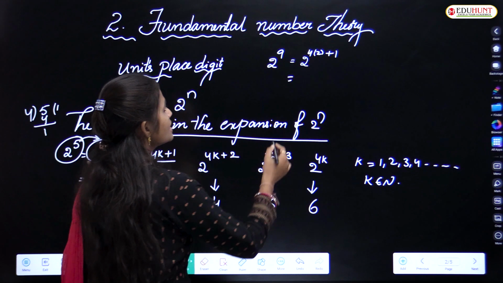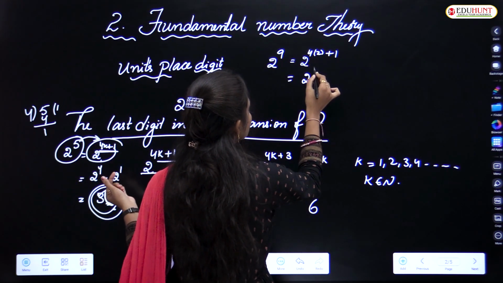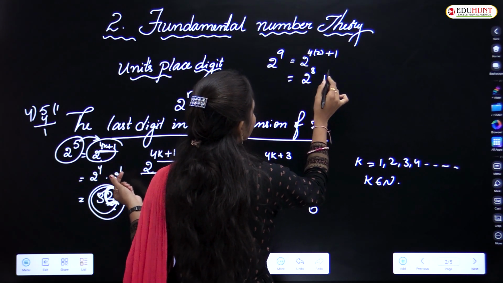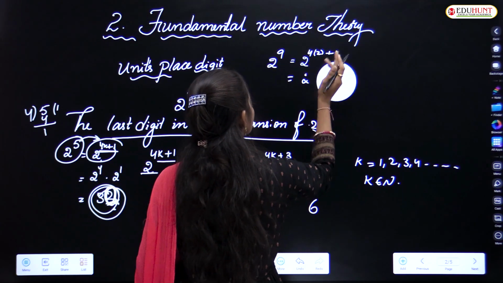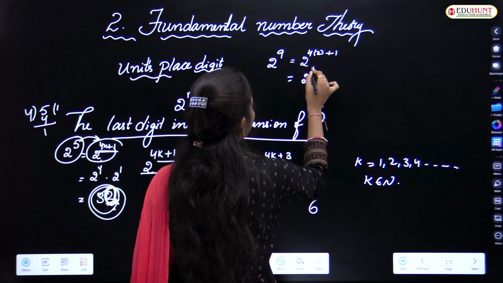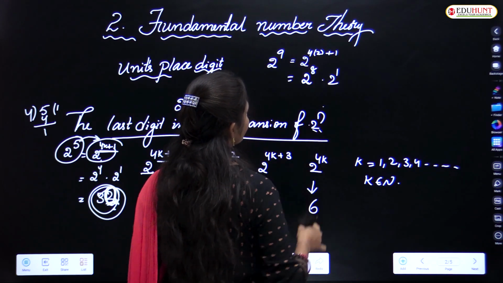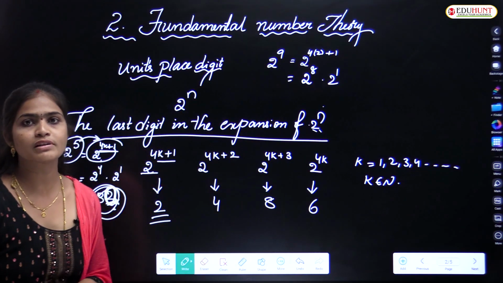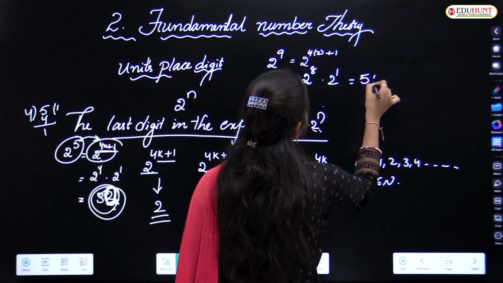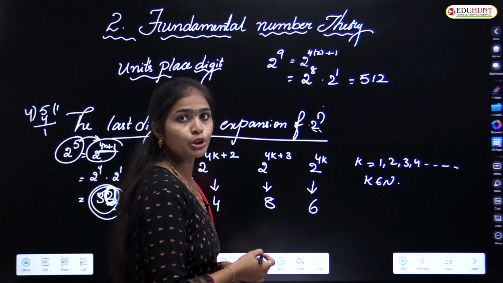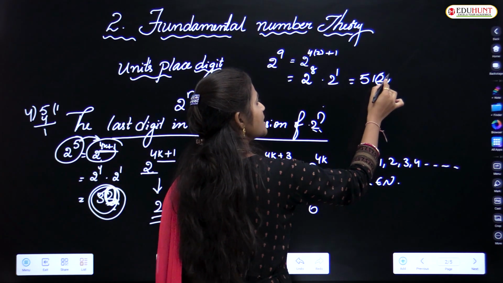So this is 2 power 8 into 2 power 1. 2 power 8 is 256, and 256 into 2 is 512. What is its units place digit?